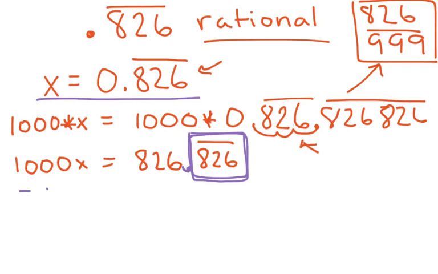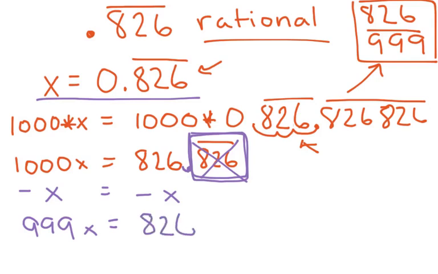If I take away one x over here, and if I subtract x over here, they're still going to be equal to each other. But if I have 1,000 x's and I take away one x, I'm left with 999 x's. And over here, I get rid of these repeated decimals, and I'm just left with 826.